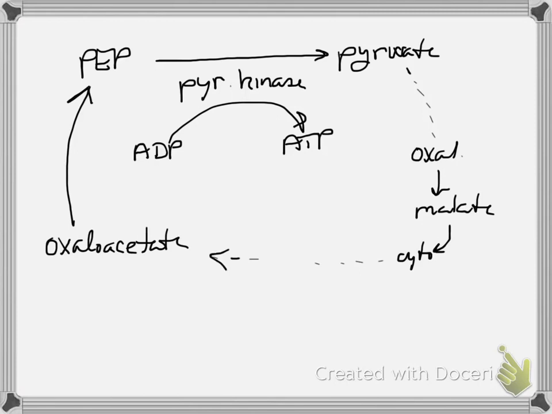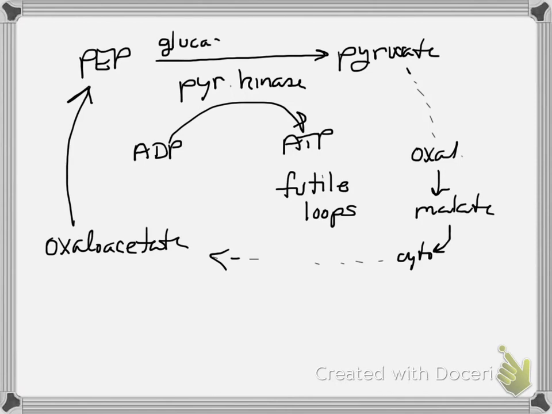But this is inhibited. This is one of those futile loops that I mentioned in class. And the futile loop is going to be a net zero gain on the cycle. So we need to find a way to inhibit this. And the way we inhibit this is, remember, we are in a fasting state.